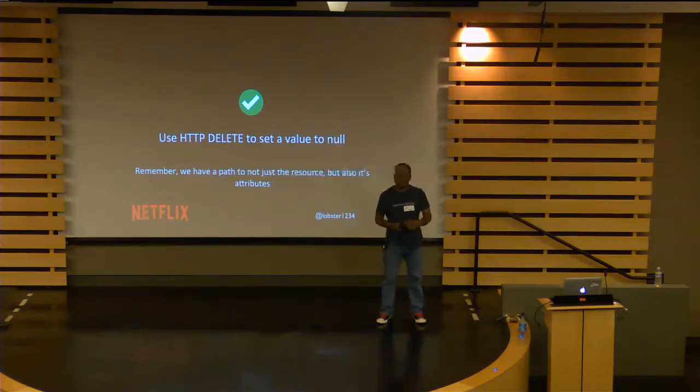The browser is going to work on images, text, files, and a bunch of other things. But when we are designing APIs, we have a much broader spectrum. We have the object, which is the resource, and then we also have attributes of that resource.